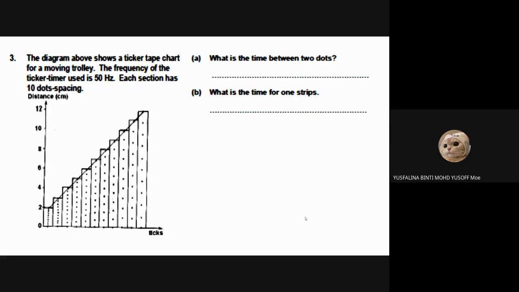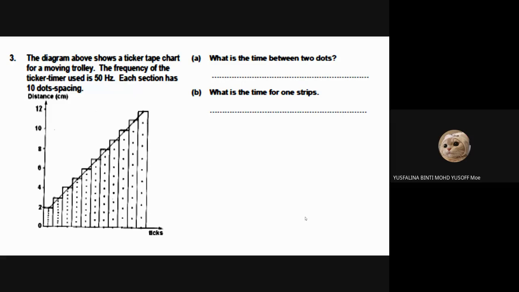Try first for number 3. For A and B first.